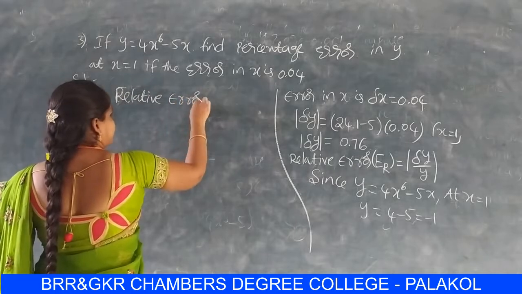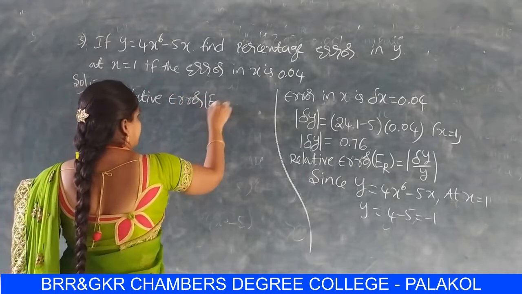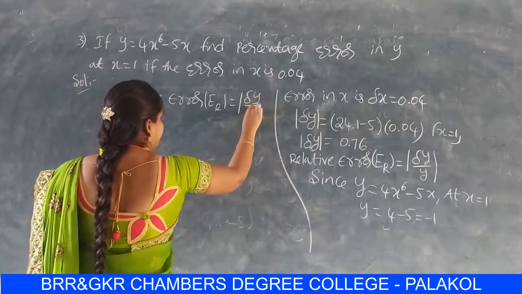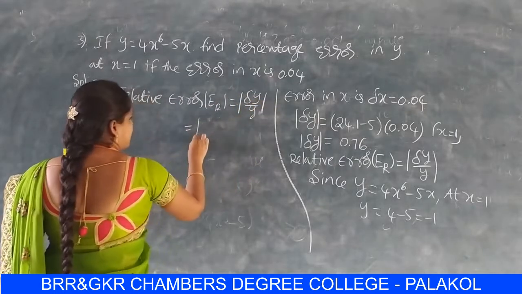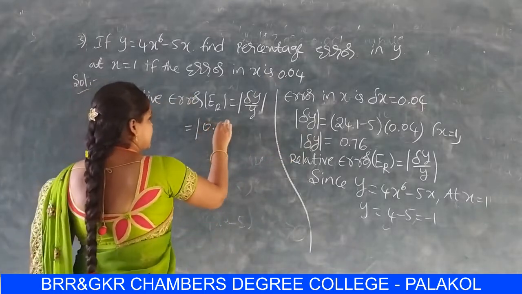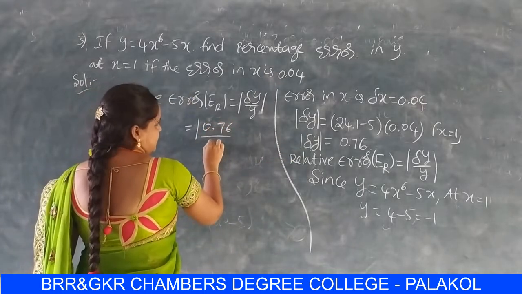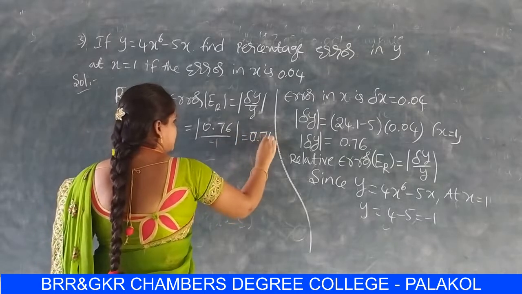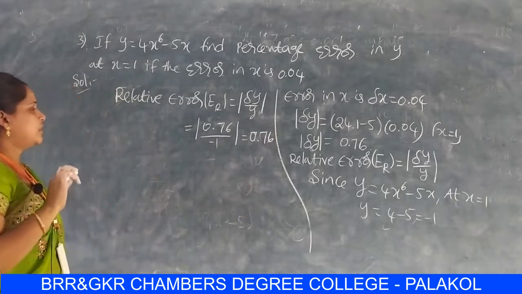Relative error ER is equal to modulus of delta y by y, which is 0.76 divided by minus 1. Modulus value is always positive, 0.76. This is the relative error.